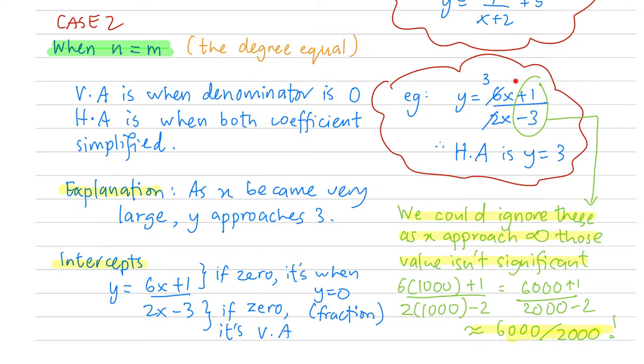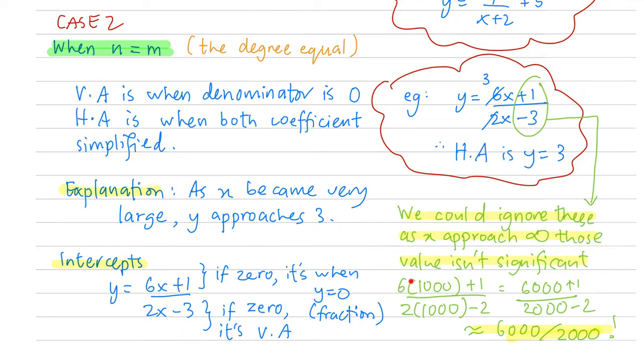Why can we ignore the constants? There's a reason. If you know the concept of asymptote, as x approaches infinity, values like 1 or the other constant digits here aren't significant.